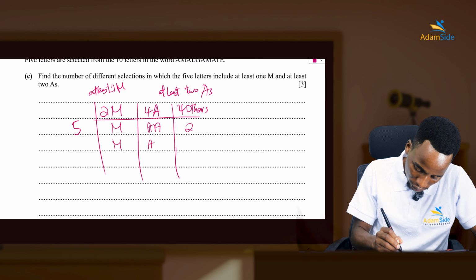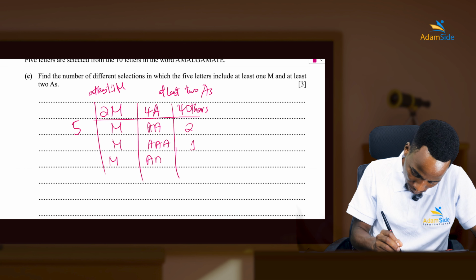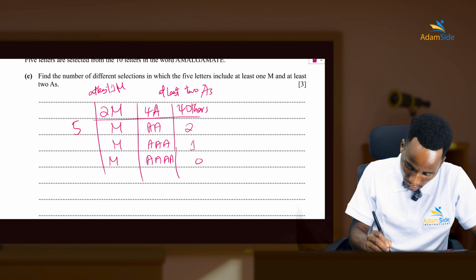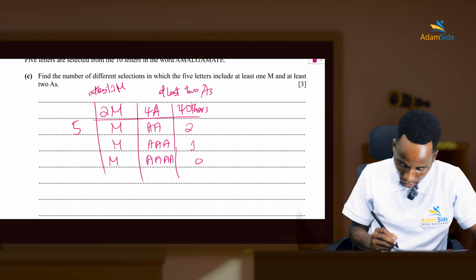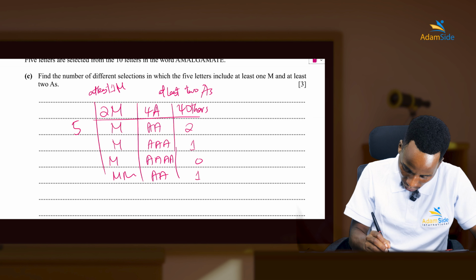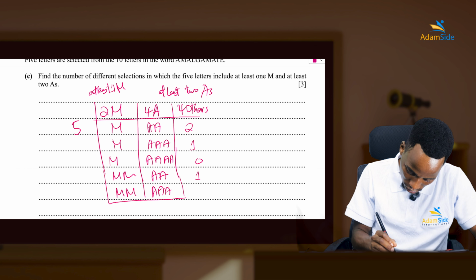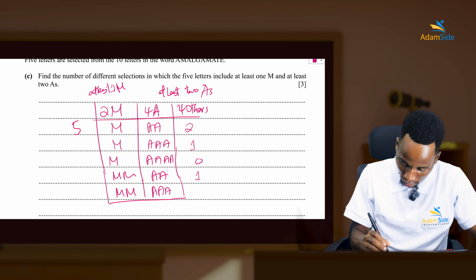If we use 1 M and 3 A's, we'll need 1 more. If we use 1 M and all 4 A's, we'll need 0 more. If we use double M and double A's, we'll need 1 more. And if we use double M and triple A's, we'll need 0 more.